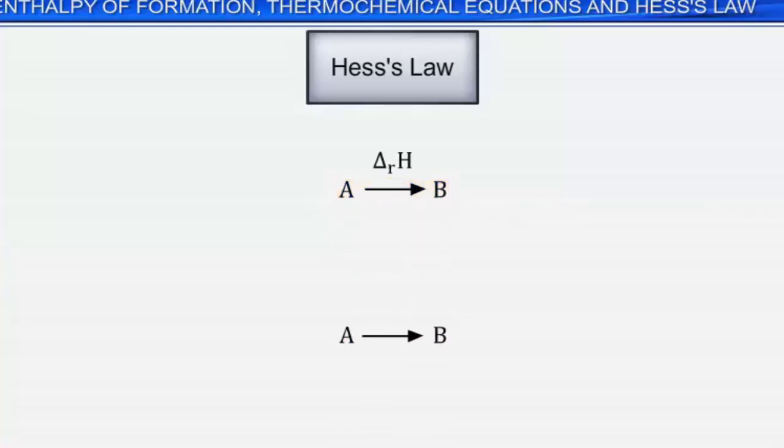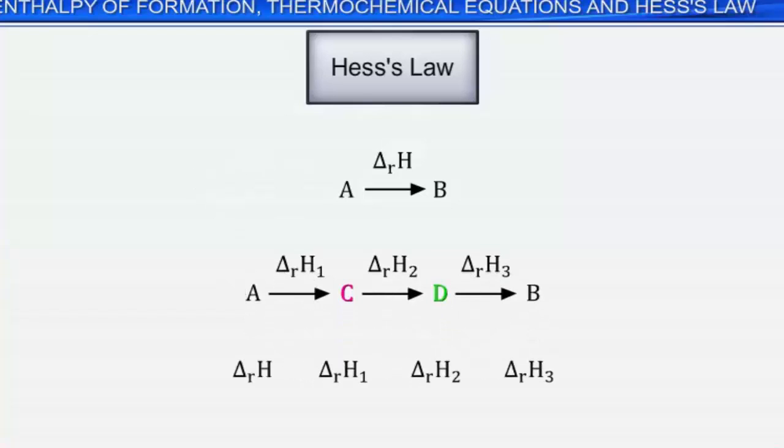Now, if the same reaction occurs through another route, ΔrH1, ΔrH2, ΔrH3, then we can say that ΔrH equals the sum of ΔrH1, ΔrH2 and ΔrH3.